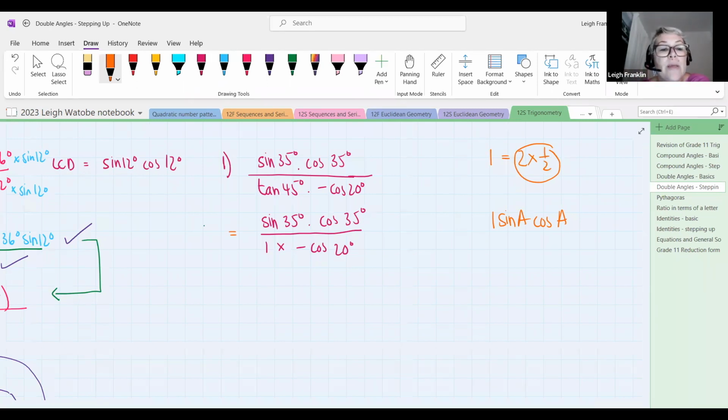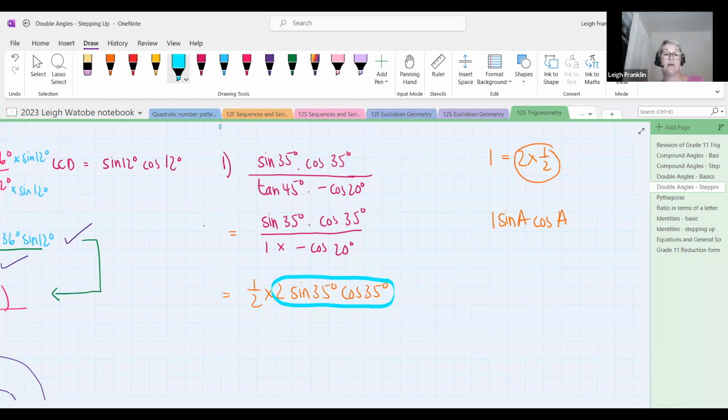So what we are doing here is we've got our half times 2, which is 1, sine 35 cos 35. Because this over here is our sine double angle. That's quite a common thing that comes up actually. If you've got sine theta cos theta, you can put a 2 in front of it and times it by half, and then you've still got your coefficient of 1. Does that make sense to everybody?